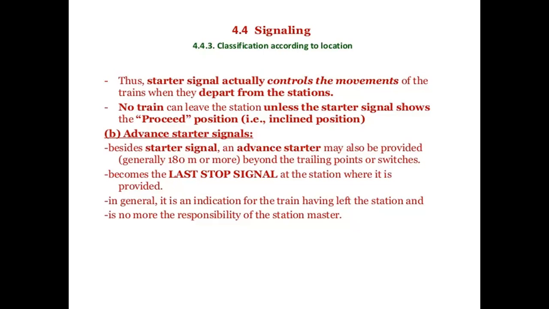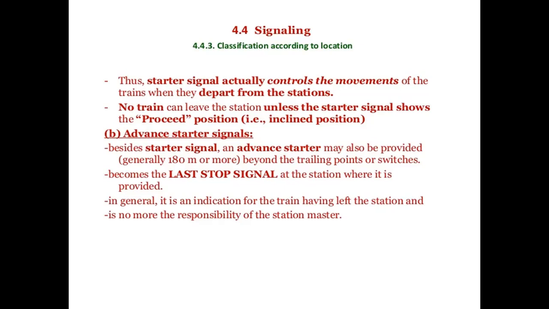If the inclined position is not there, and the horizontal position of the lever arm is observed, then the train must stop at that station for a particular time period until the lever arm is placed in the inclined position or the vertical position.